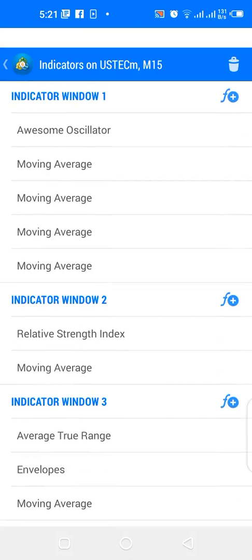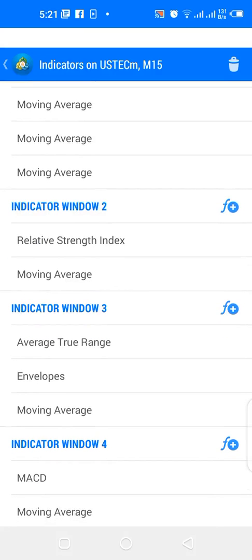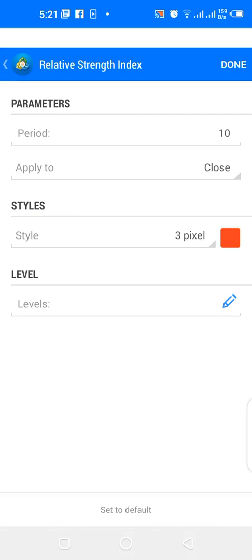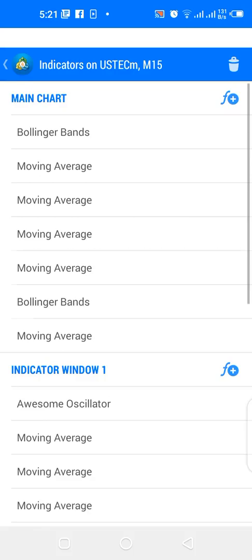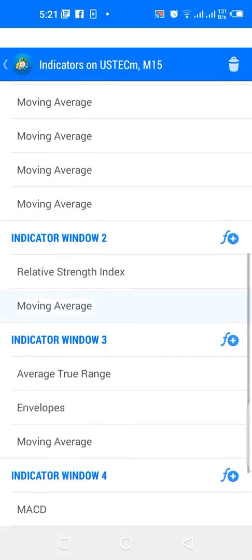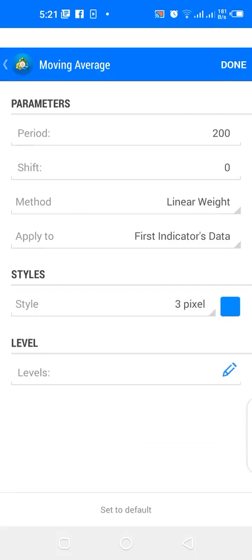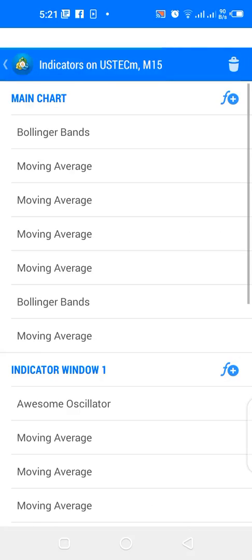We have relative strength index and moving average. Let's look at the settings for the relative strength index. The period is 10, apply to close, and the color is red. For the moving average, the period is 200, shift is 0, method is linear weight, apply to first indicator's data, and the color is blue.